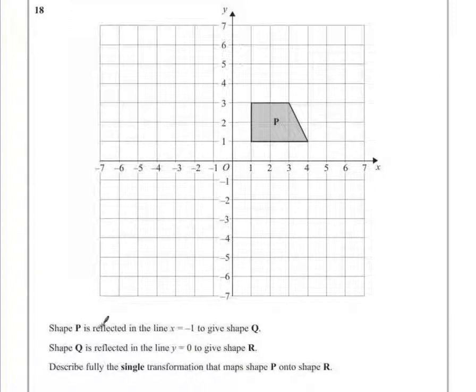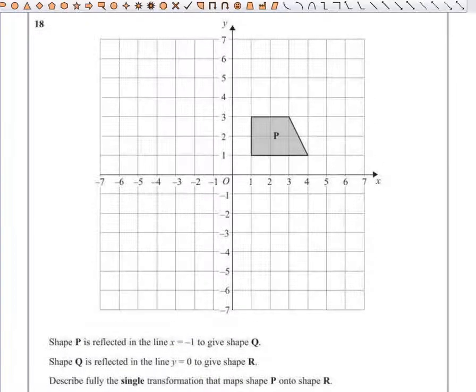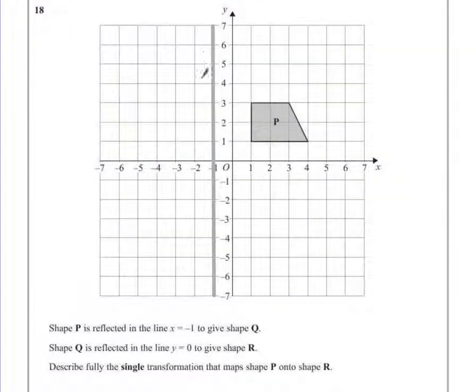So for our first transformation, we have a reflection on the line of x equals negative 1. What I would do is actually draw onto the graph what x equals minus 1 looks like, and that is a vertical line that goes through x equals negative 1. So we have to reflect across this line, so the shape is going to be 2 squares away and facing in the opposite direction.